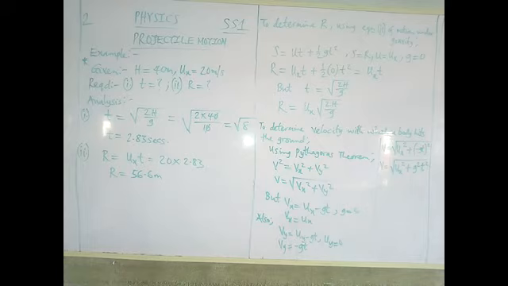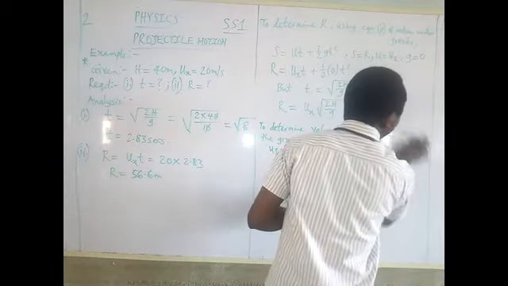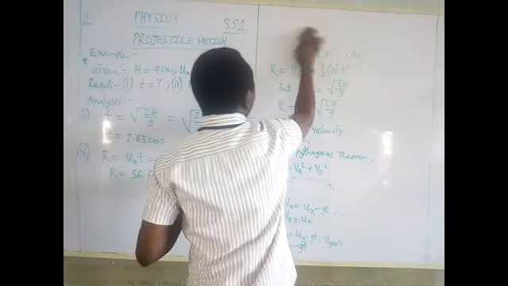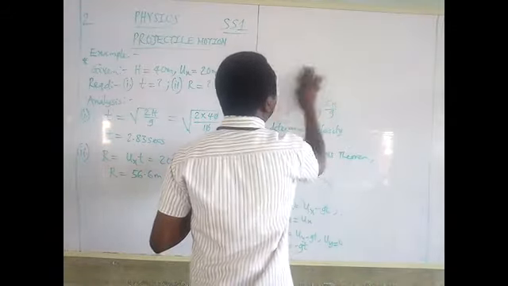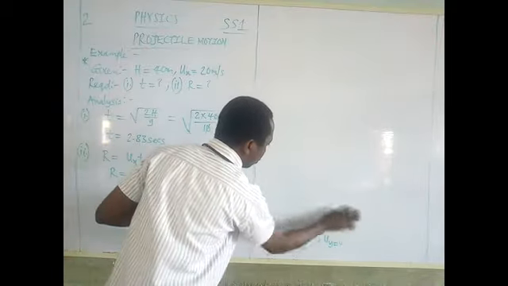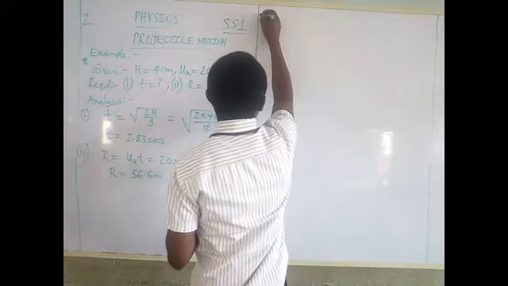Okay, yes. The question says, a stone is thrown horizontally with a velocity of 15 meters per second. Let's make use of this side. Given, example 2.